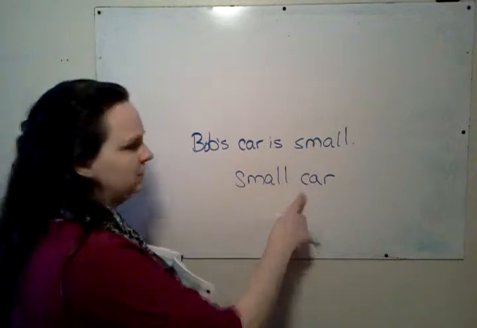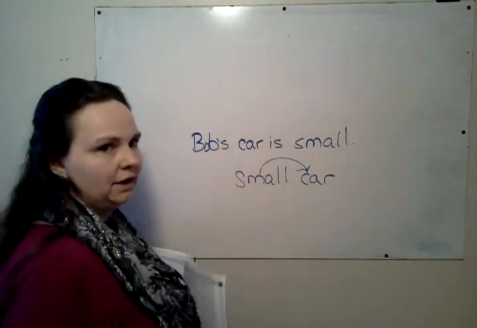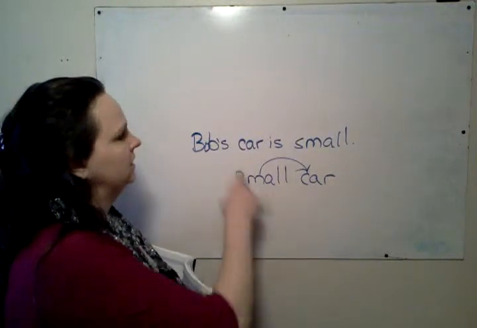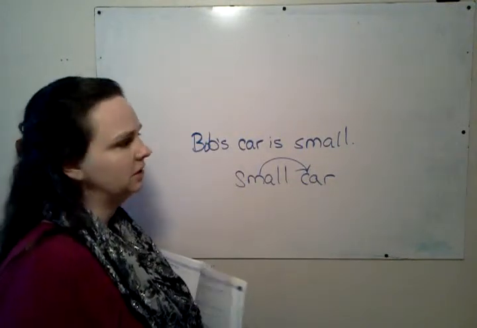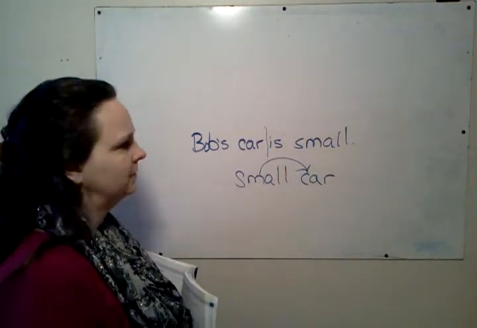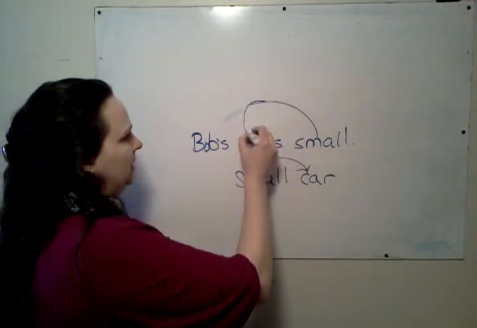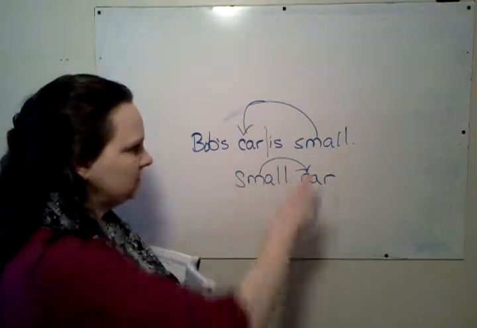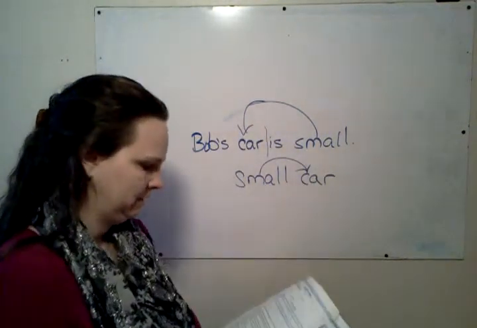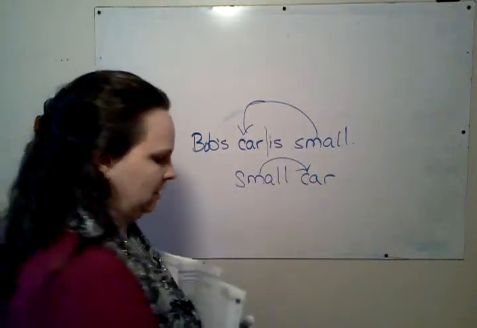In this construct, you can clearly see that small answers the question about car, what kind. So it's an adjective. In this construct, it's a little more difficult to see because small is in the predicate part of the sentence. Nonetheless, not Bob. He's not small Bob. It's a small car. Predicate adjective.